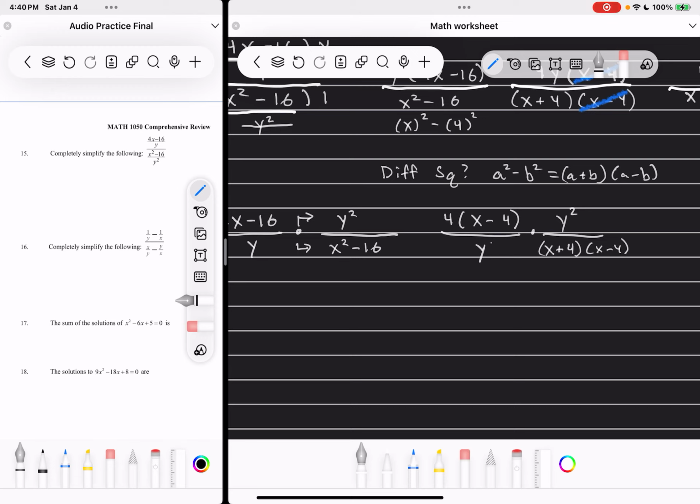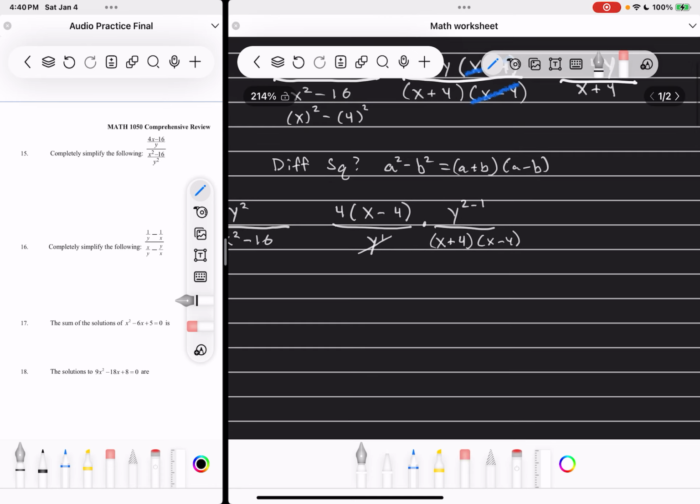Since there is a y to the first down in the denominator, we cancel out y to the first. Subtract 1 from y squared. We also have our x minus 4 and our x minus 4. So we end up with simply a 4y over x plus 4. And that's another way of solving this question.